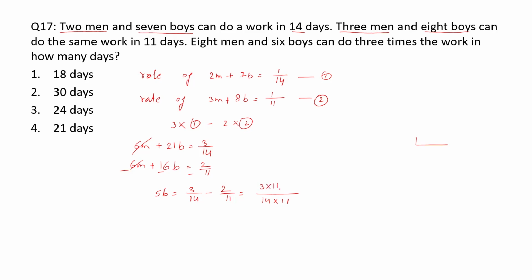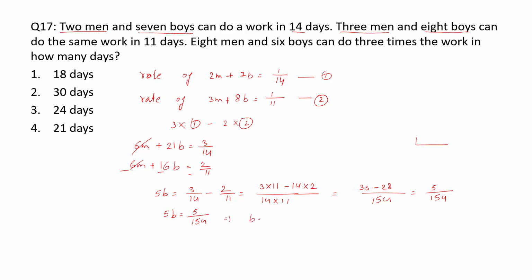So 3 into 11 minus 14 into 2. 3 into 11 is 33, 14 into 2 is 28, upon 14 into 11 is 154. You will have 5 upon 154. So 5b is equal to 5 upon 154.